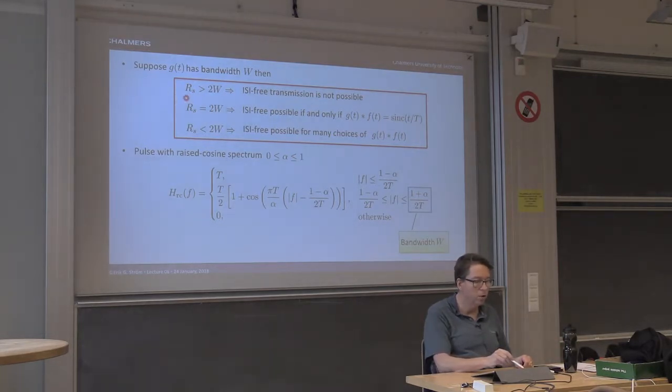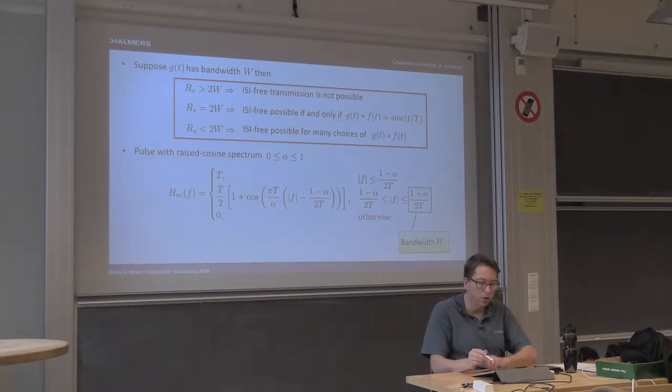Okay, so if the symbol rate is greater than twice the bandwidth, there is no way we can have intersymbol interference-free transmission. If it's equal, then it's possible, but only if g and f, when we convolve them, happen to give exactly this sinc function. If the symbol rate is a little bit less than twice the bandwidth, then it's possible to do this, and there are many choices for g and f for which this is possible.